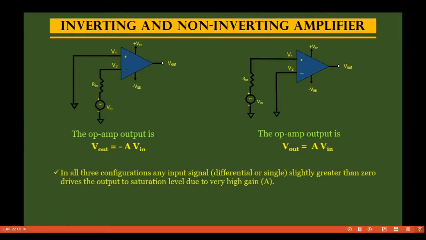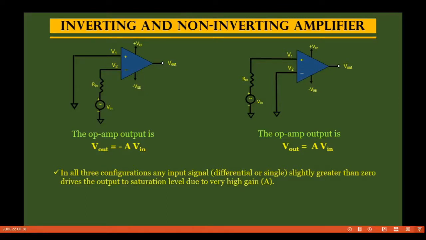In all these three configurations that we have discussed, the differential amplifier, inverting amplifier and non-inverting amplifier in open loop configuration, if there is a signal slightly higher than zero voltage, it drives the output to a saturation level. Why does it drive to the saturation level?